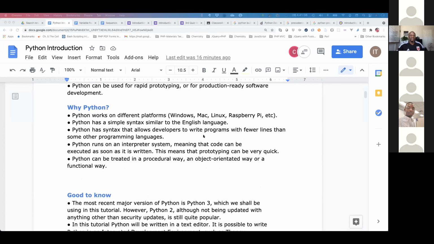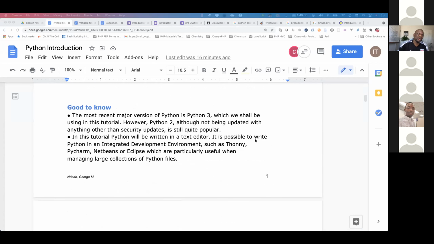Some things which are good to know about Python. The most recent major version is Python 3. For a long time, we were running on Python 2.7. And I wouldn't be surprised that lots of companies invested a lot of money in Python 2.7, and they're still in that. There are a lot of changes which came with 3.0 or 3.x, which were not in 2.7.